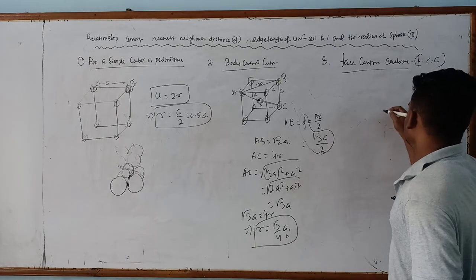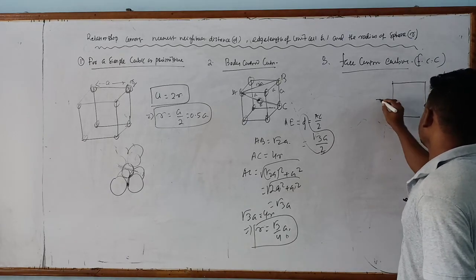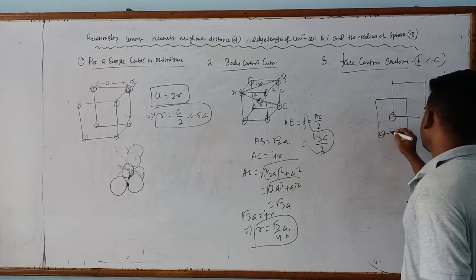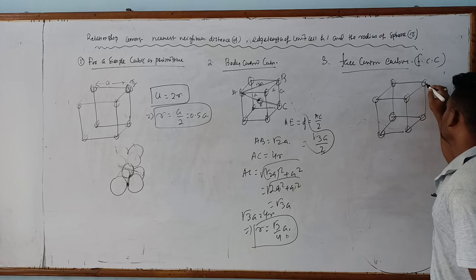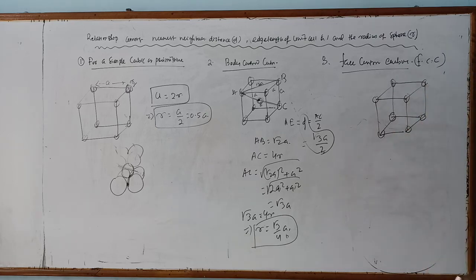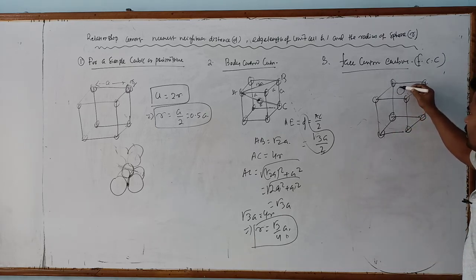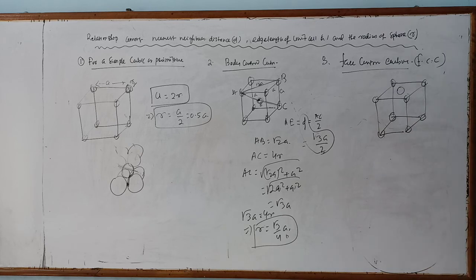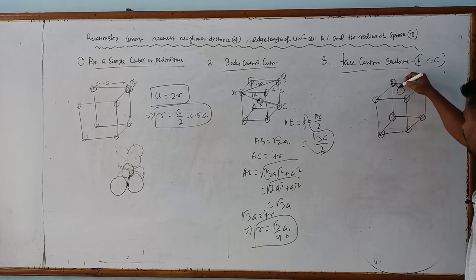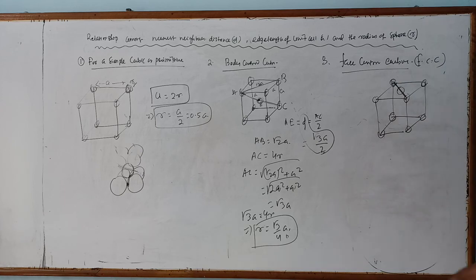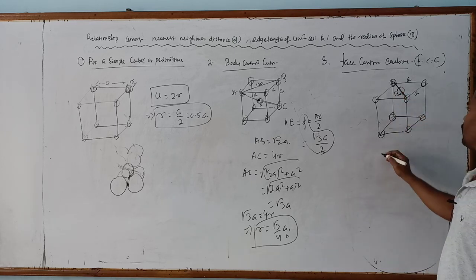Now for a face centered cubic, you see particles are connected face diagonally to each other. Just imagine four spheres, again four spheres are there. If you place a sphere at the center of the face in the case of FCC, do you think that these spheres will be connected to each other? No, rather they are connected face diagonally to each other. If this one is A and this one is A, then this one will be root 2A. So root 2A is equal to 4R.